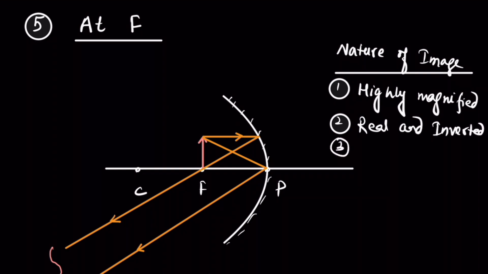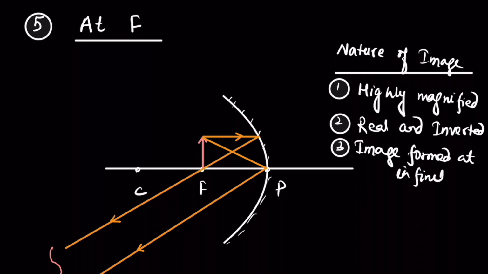Third, the image is formed at infinity. So these are the nature of the image when the object is at infinity.